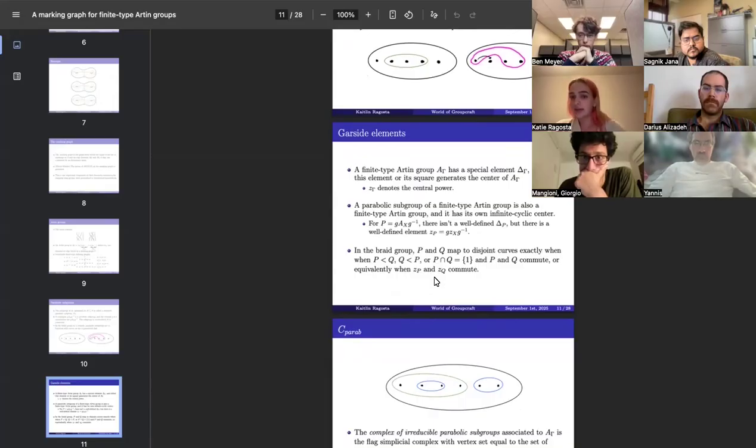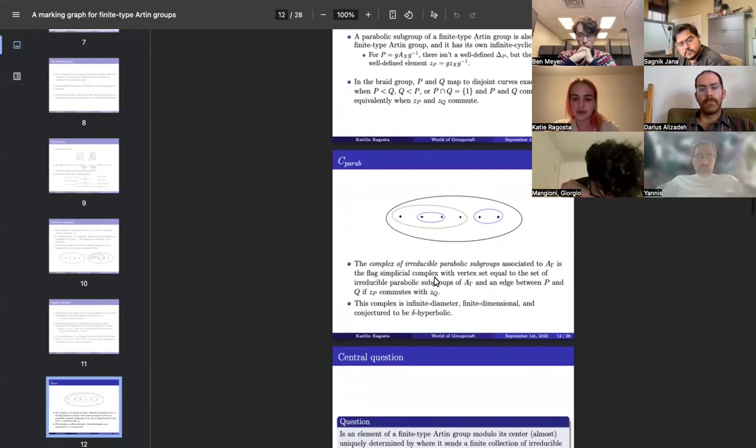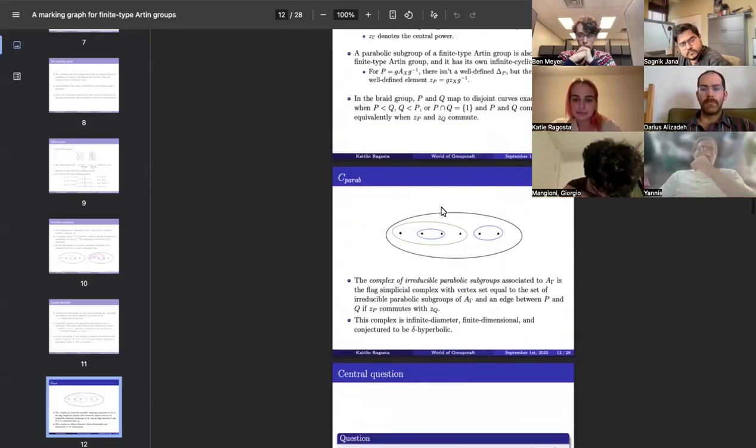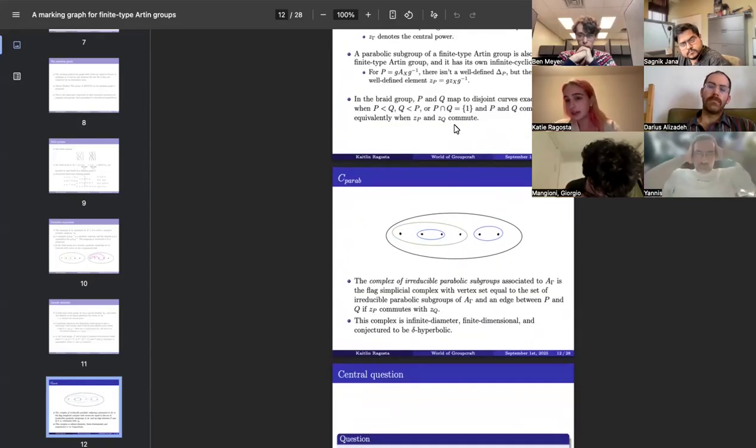It turns out that in the braid group, 2 parabolic subgroups map to disjoint curves under that bijection exactly when either one is contained in the other, or they intersect trivially and commute. It turns out that these conditions are equivalent to their centers commuting. I've got a picture on the next slide. What this is essentially saying is that the centers of these parabolic subgroups behave like Dehn twists around the corresponding curves, so these have the same commuting properties as Dehn twists.